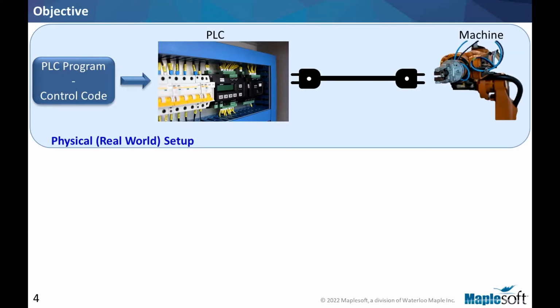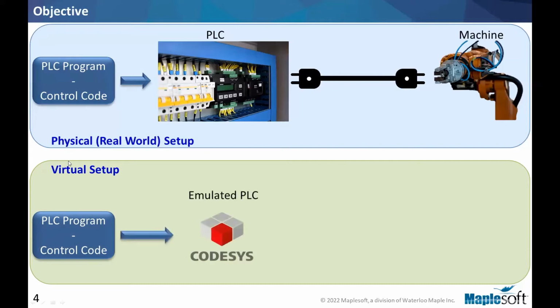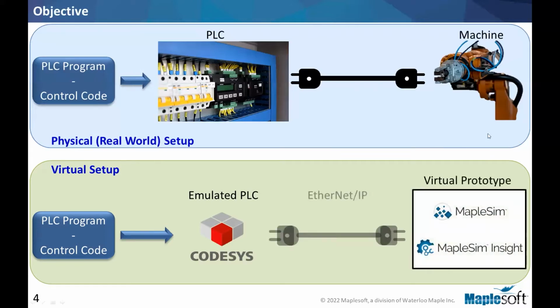And in today's webinar, what we're really looking at is kind of the virtual counterpart of this. So again, we still have that same PLC program, that same control code. These are really identical. And then the difference now is we're going to be putting this on an emulated PLC. So that's where the CODESYS part comes in. And the connection now is no longer with a physical machine, but with a virtual prototype.